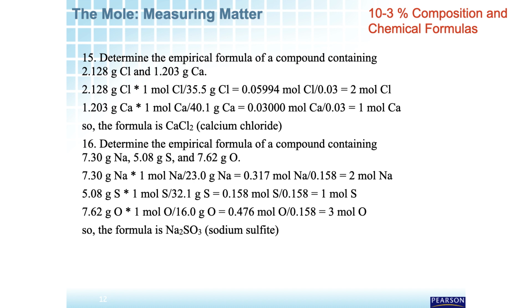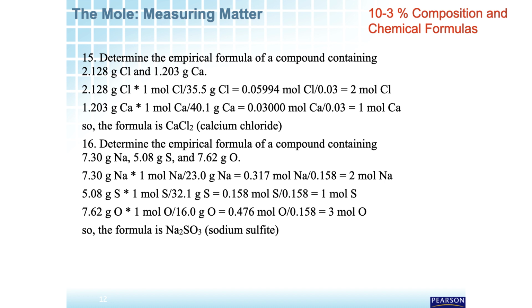So here it is. 7.3 grams of sodium times 1 mole of sodium divided by 23.0 grams gives me 0.317 moles of sodium. 5.08 grams of sulfur times 1 mole over 32.1 grams gives me 0.158 moles of sulfur. 7.62 grams of oxygen times 1 mole over 16 gives me 0.476 moles of oxygen.